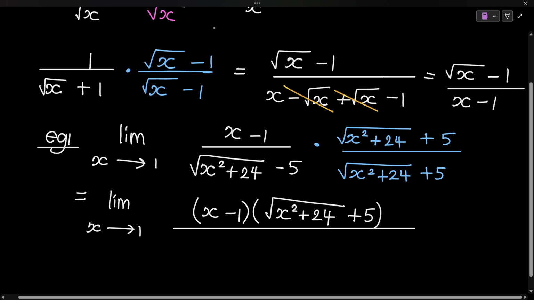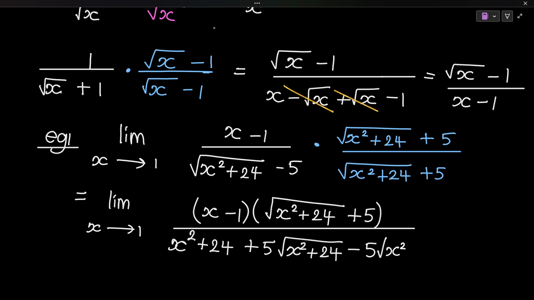We're going to have the square root times itself. The square roots are going to cancel out with each other. We are left with x squared plus 24. We have the square root times positive 5. So that's plus 5 times the square root. We have minus 5 times the square root, so that's minus 5 times the square root.